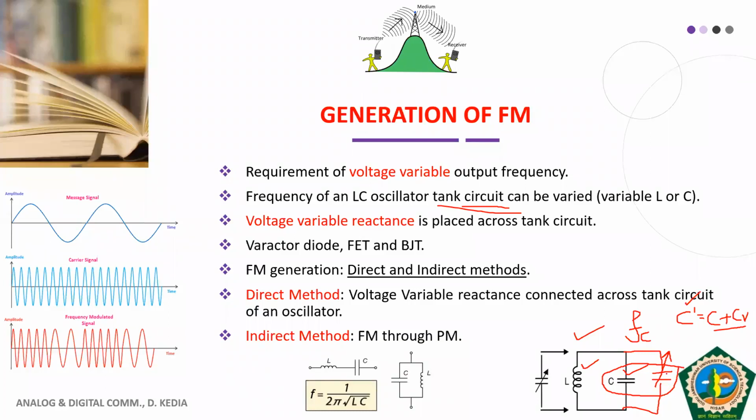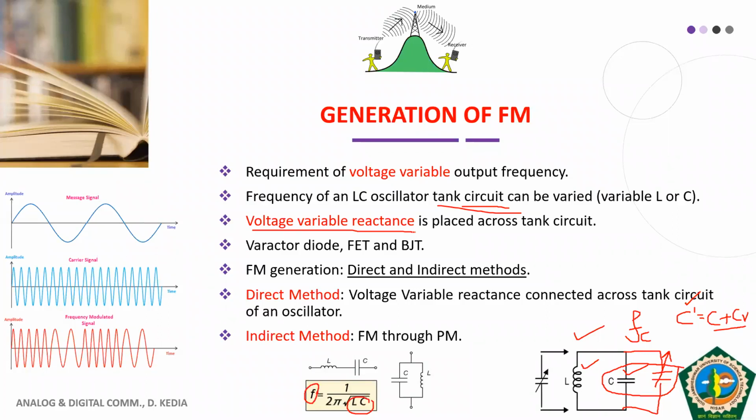So this variable capacitor will change its capacitance according to voltage, because of which the entire capacitance will change according to voltage, because of which the entire combination of L and C will change. So this becomes voltage variable. As a result, this frequency becomes voltage variable. Is that point clear? So this is how your voltage variable reactance provides us the generation of voltage variable frequency.